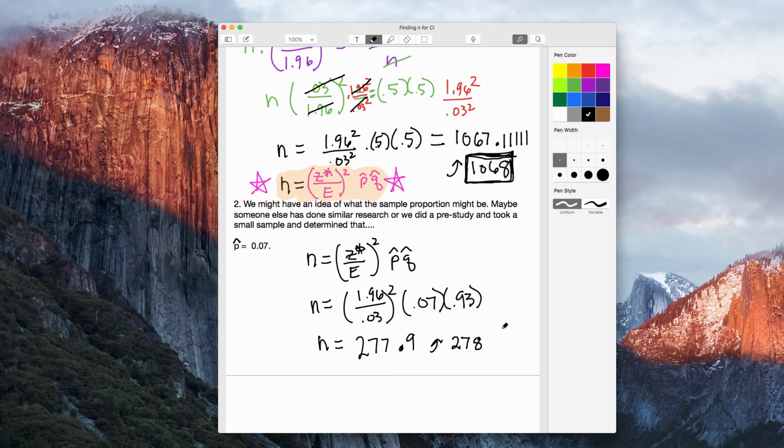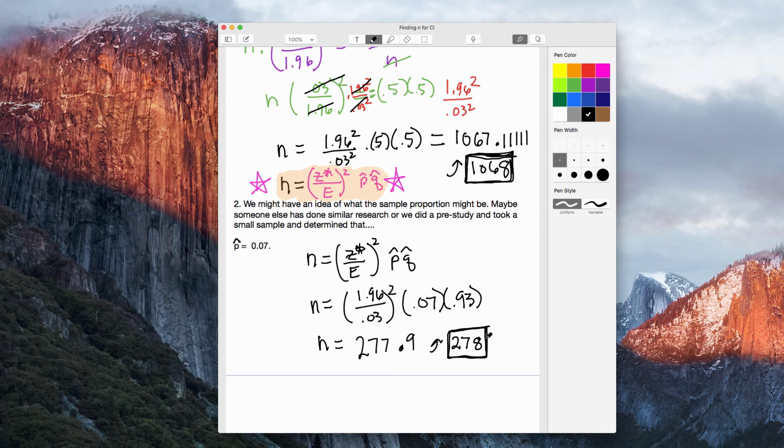So what's different about this? Before, when we had no value for p hat and we went with basically the largest possible, it took over 1,000 people to get a margin of error of 3%, 0.03. But if you do have an idea of p hat, like someone else's research, or you've done preliminary research, you'll get a smaller sample because your proportion is a little bit more accurate to start with.